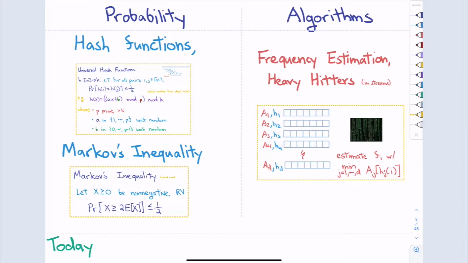And some of the new things we used, one was we started discussing hash functions and particular kinds of hash functions. Last week we just used universal hash functions. Today we'll use an even stronger family of hash functions. And we got to use, finally, Markov's inequality in addition to linearity of expectation.